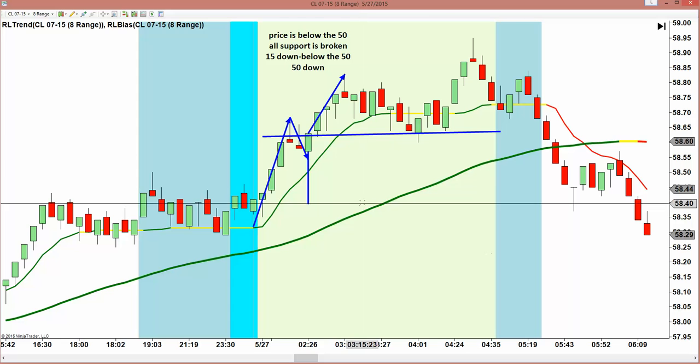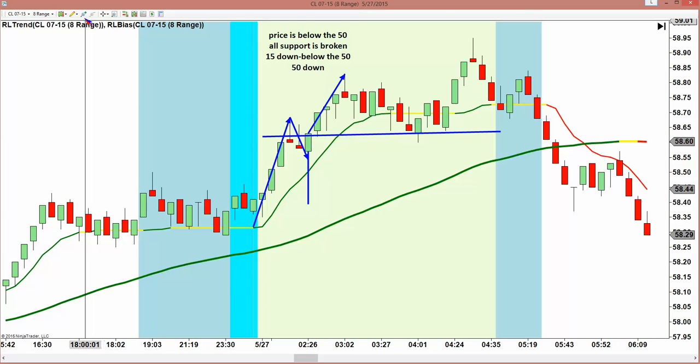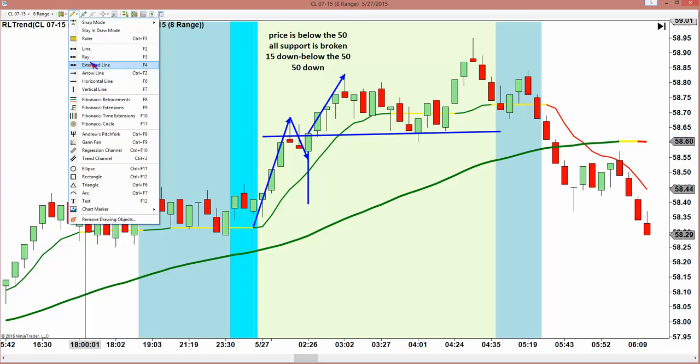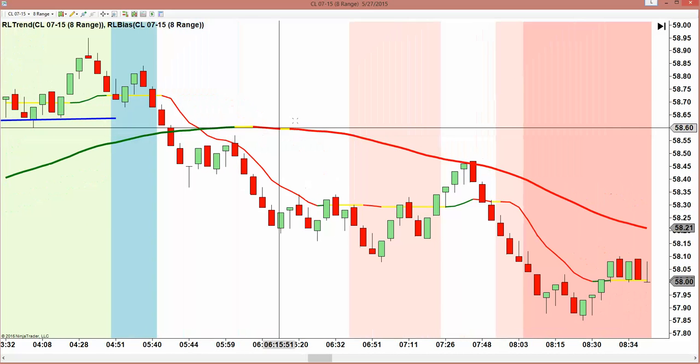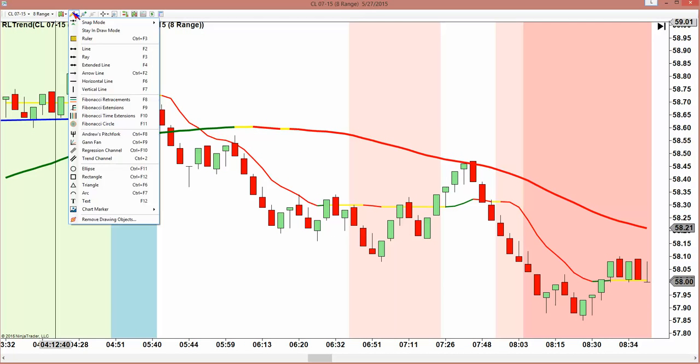Now we have two other colors. This is the weakest to the upside, and this is the weakest to the downside. It's kind of like the flat blue and the lighter pink.